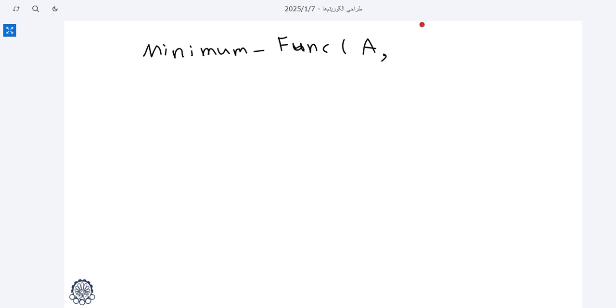It gets array A, first index, for example, I, and the last index j. So I is the first index, j is the last index.